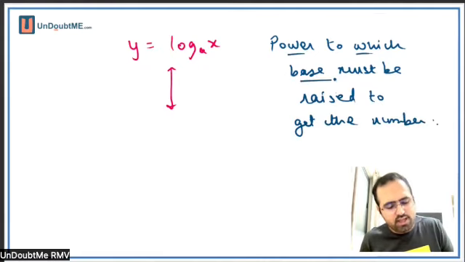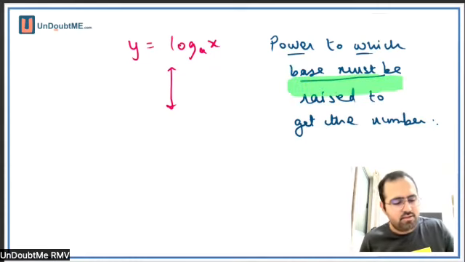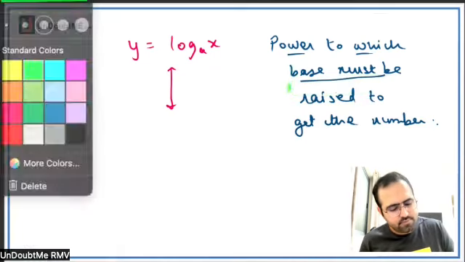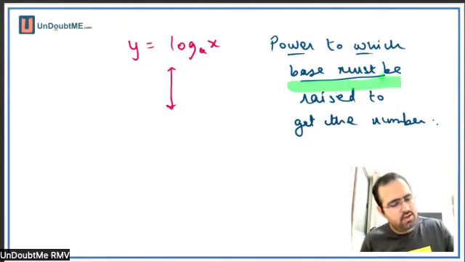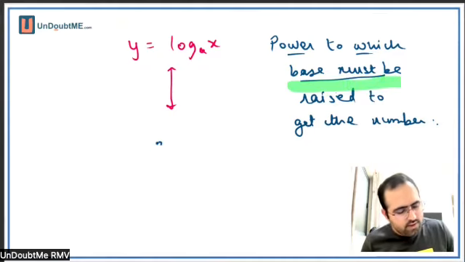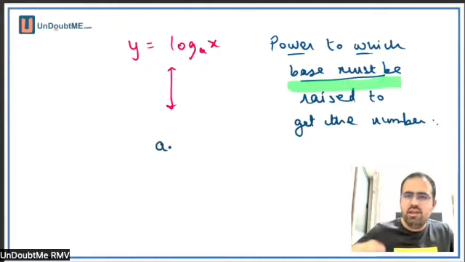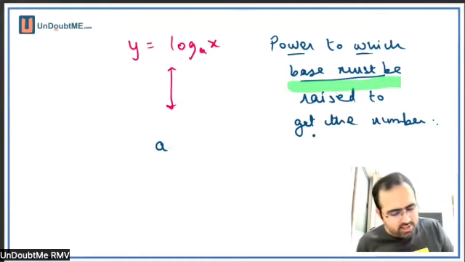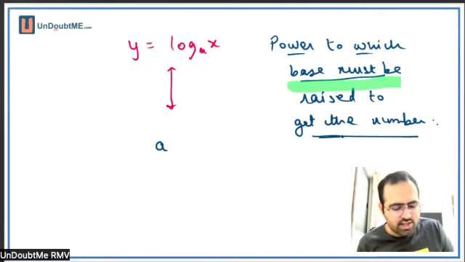Power to which base must be raised. First point is this base. What is the base? A. Base is A. So what I'll do, I'll raise A to the power of something. Now to get the number, power to which base must be raised to get the number.